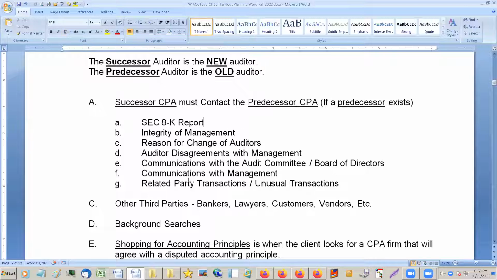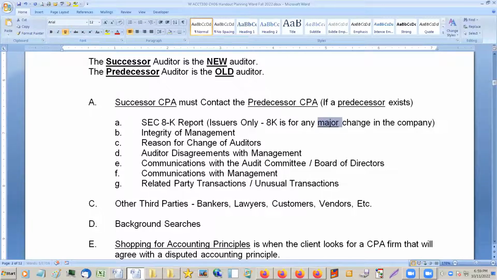Okay, we'll go through these and then we'll call it a day on this one. SEC 8K report. This is for issuers only. And the 8K report is for any major change in the company.